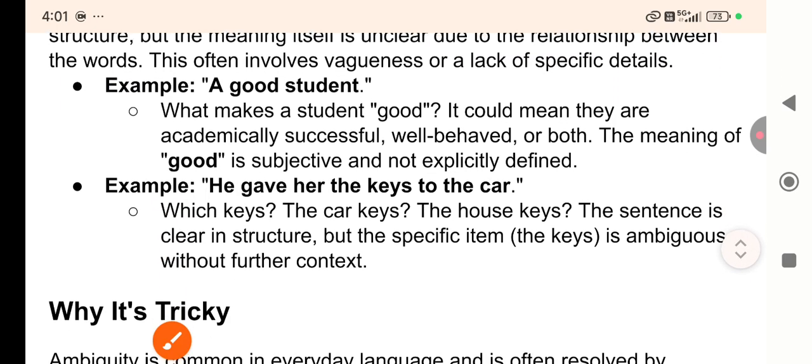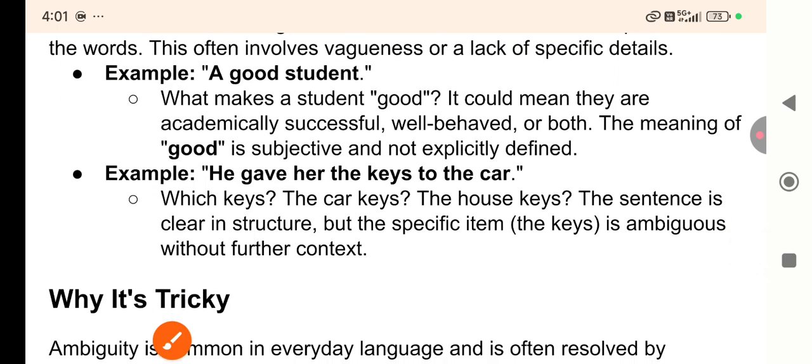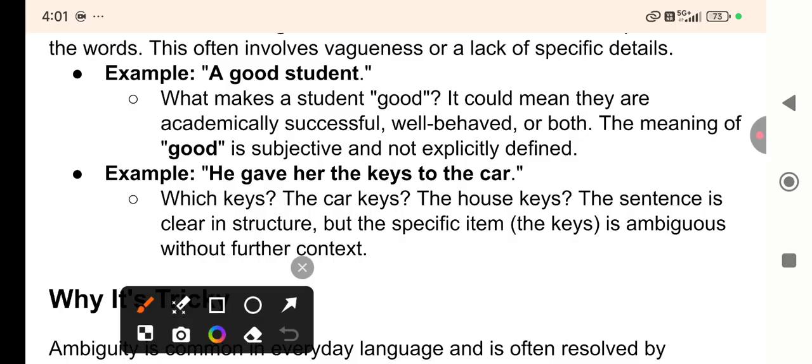Let us see an example. A good student. What's a good student? What makes good? What kind of good? It could mean they are academically successful, right? Because we are talking about good. So they are academically successful or well behaved, or both.